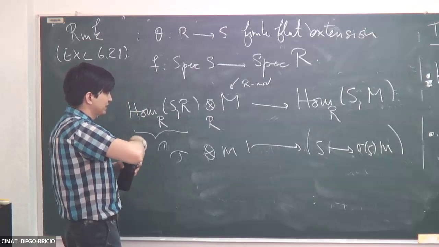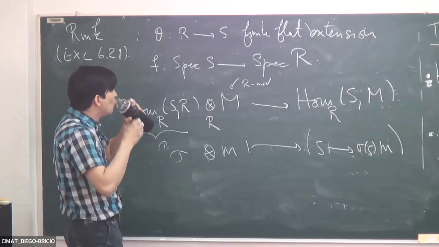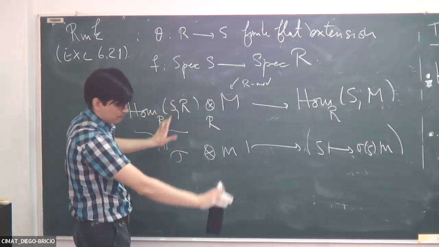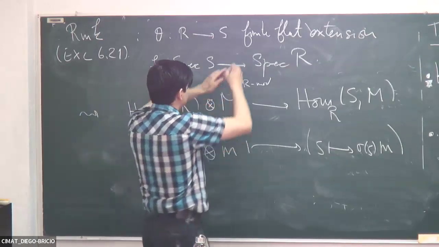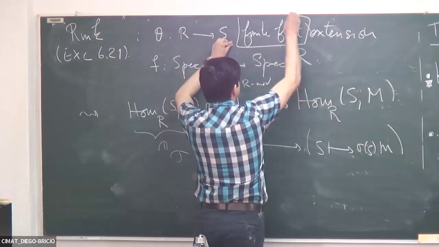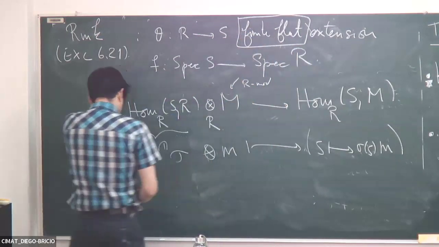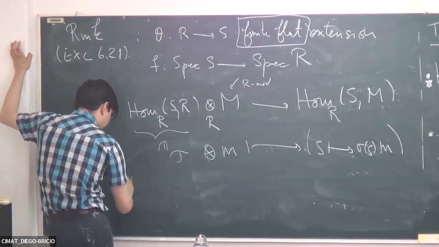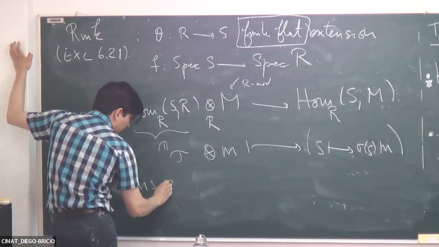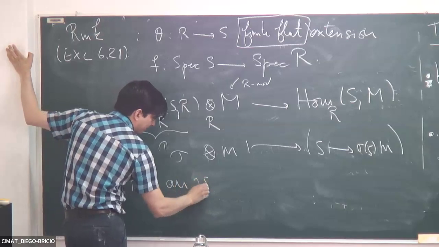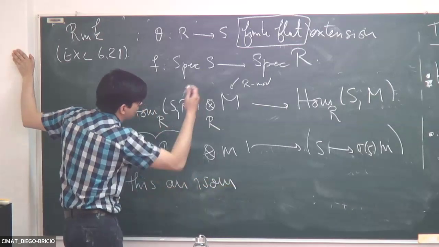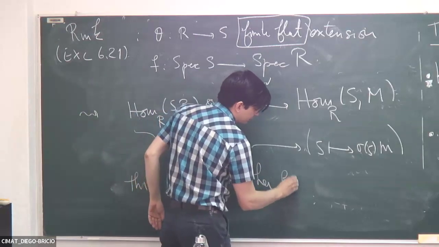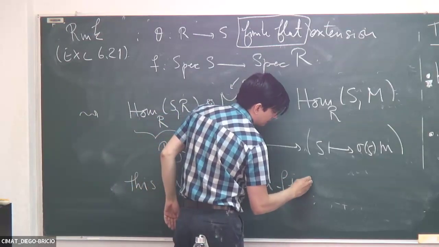So, and what is the exercise? What I wrote doesn't need anything, right? I'm going to use now these two properties here. So, this is an isomorphism when F is finite and flat.